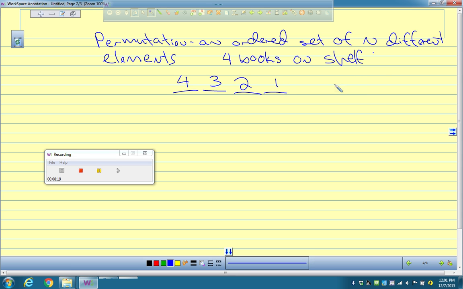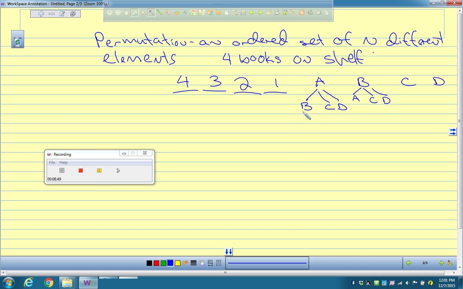The other way you can think about it: I have 4 books, so maybe we have book A, book B, book C, and book D. If I choose book B to be first on the shelf, then I could choose A, C, or D for the second.